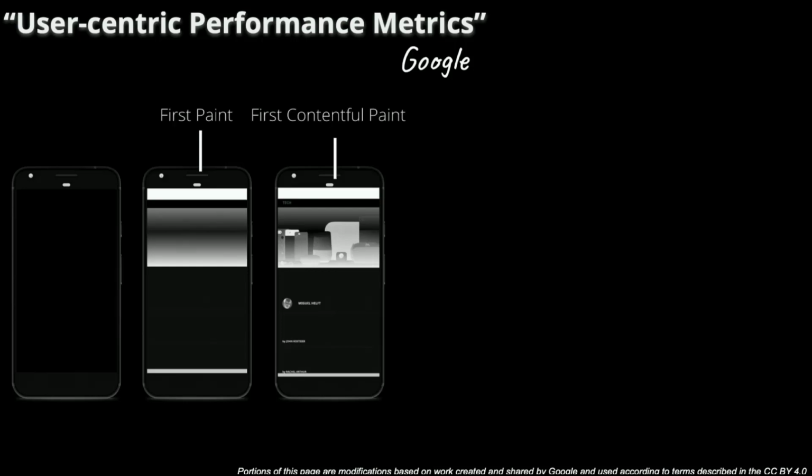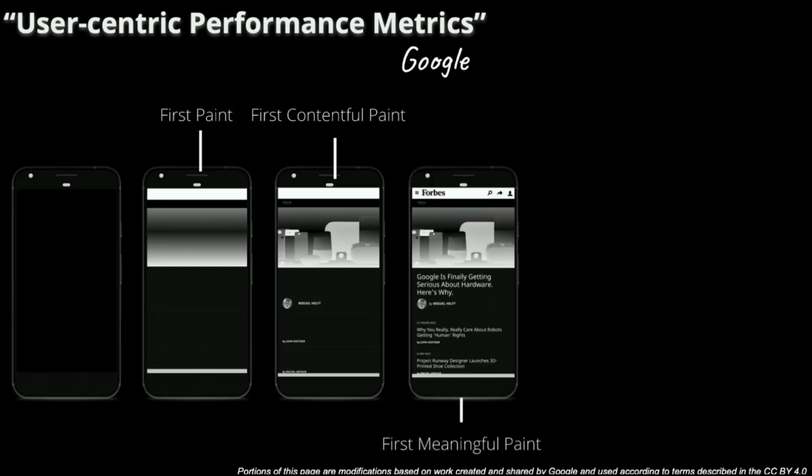The first one is the first paint, or first contentful paint, and that is when the app displays something so the user knows that something's happening. The next point is the first meaningful paint, when the user actually gets the information he's looking for.